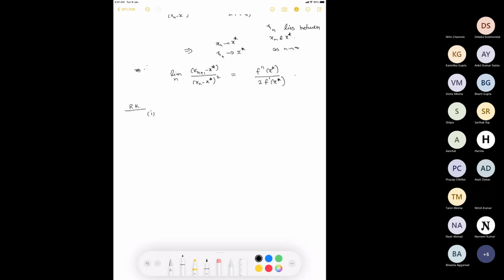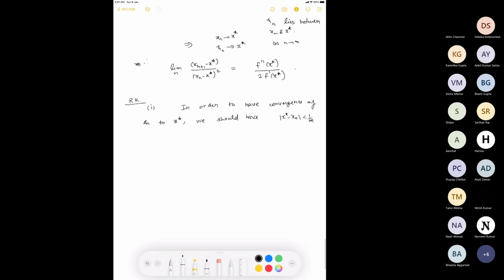I'm mentioning the same thing. In order to have convergence of x_n to x star, we should have my x naught such that x star minus x naught is strictly less than 1 by m.